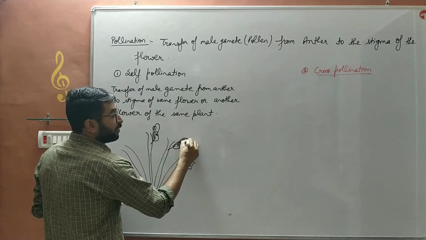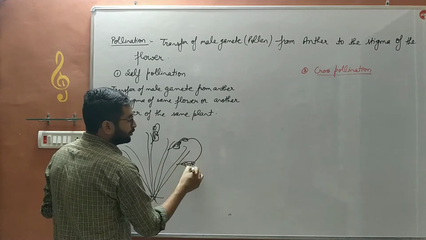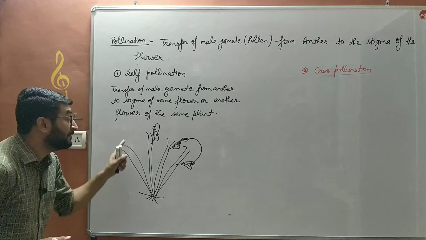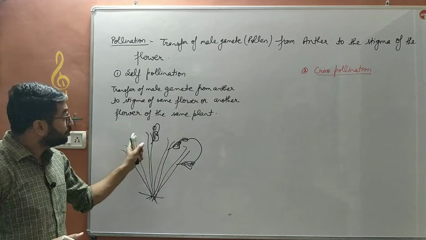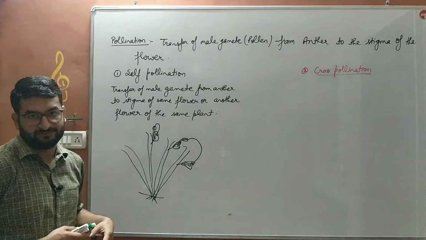If the transfer of pollen grain from the anther to the stigma of the same plant, ये plant एक ही है, then both of these cases are known as self-pollination.